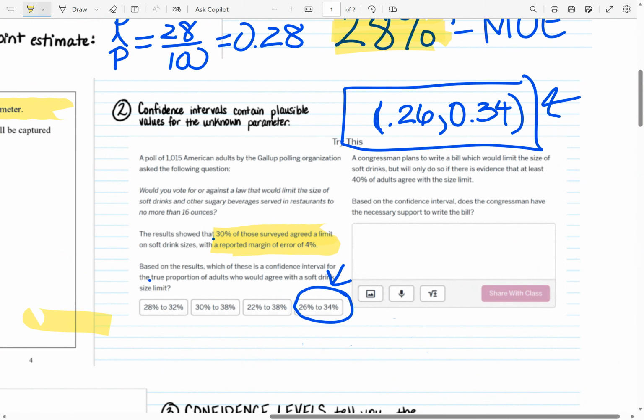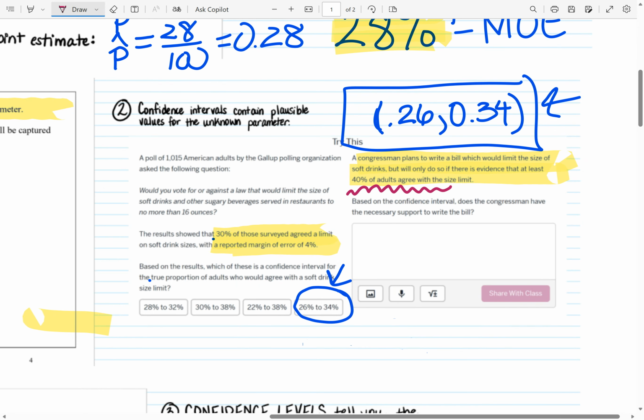So then we have this question. It says a congressman plans to write a bill which would limit the size of soft drinks, but he's only going to do so if there's evidence that at least 40% of adults agree. So he's going to write it if he thinks that 40% of the actual population agrees. So if this congressman, 40% of all of his constituents.